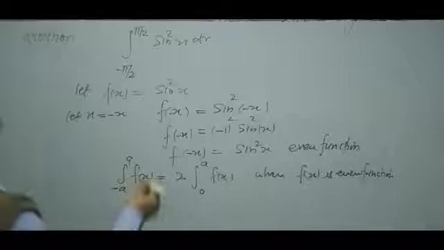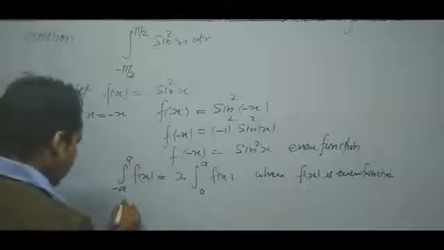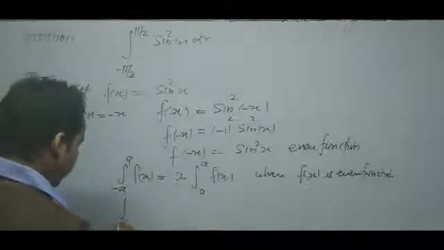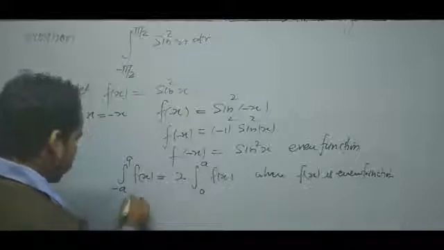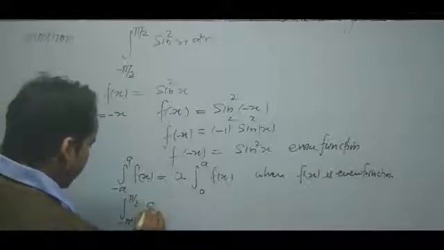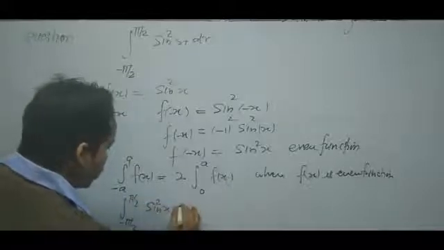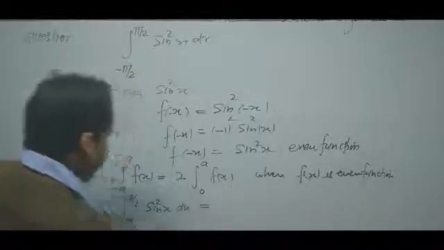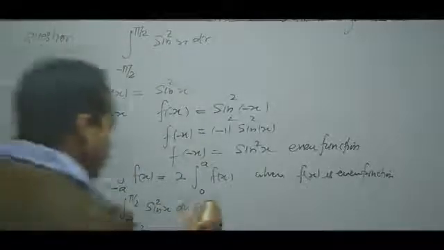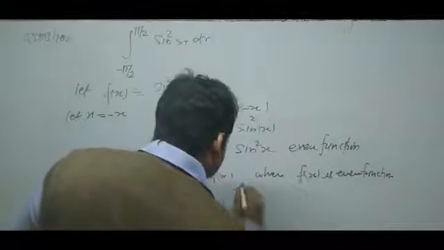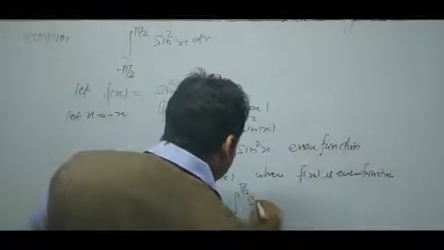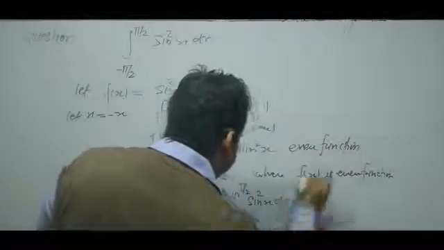So its result, from minus pi by 2 to plus pi by 2 sine square x dx, we can write as 2 times the integration over 0 to pi by 2 of sine square x dx.